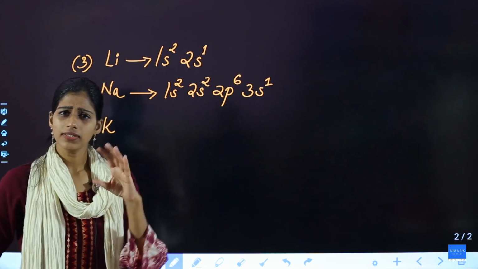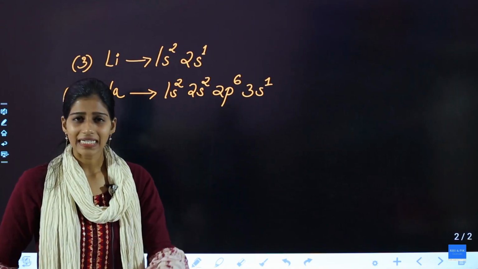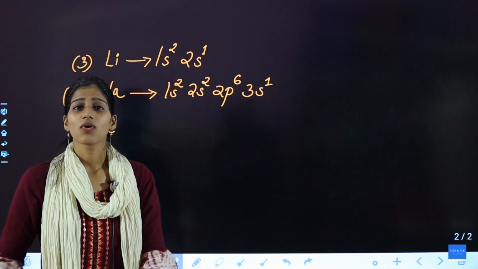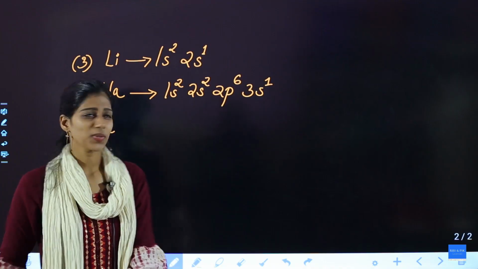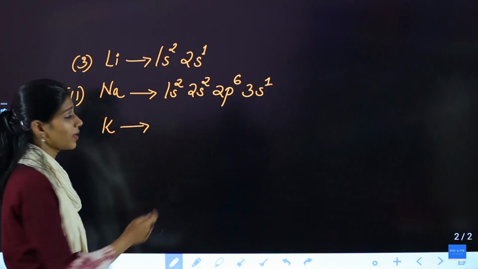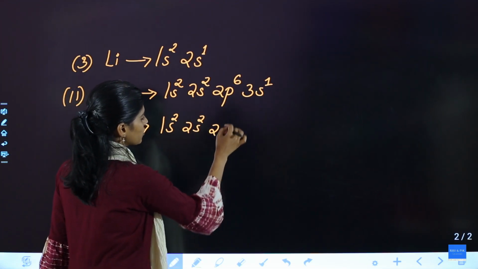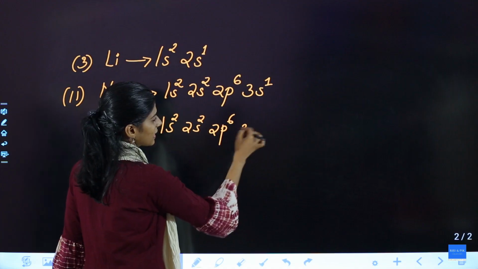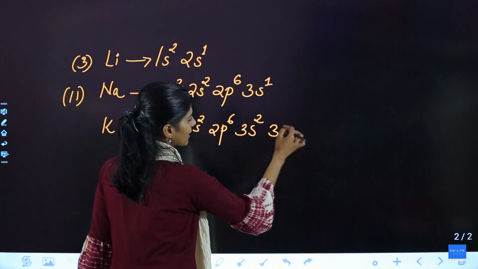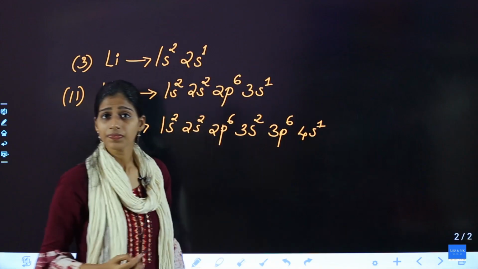Dear children, just try it and make sure that you are able to write the electronic configuration according to the 3 rules. Coming to potassium, you have 1s2, 2s2, 2p6, then what is next? 3s2, then 3p6, you have 4s1.